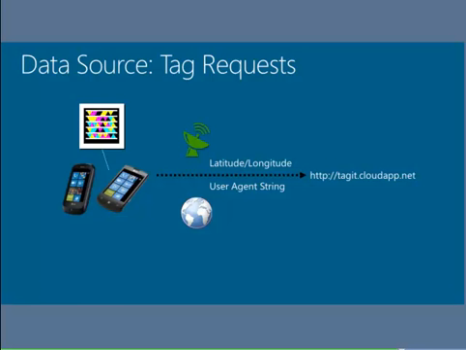So we are starting with a phone scanning the tag, which creates an HTTP URI, a request to a URL. That's what it effectively does. If the location is enabled in the Windows Phone specifically, that's I think a Windows Phone feature, then as part of the URI, as a GET string, with the question mark and then the key value pairs in the URI, also the location, latitude, longitude are included.